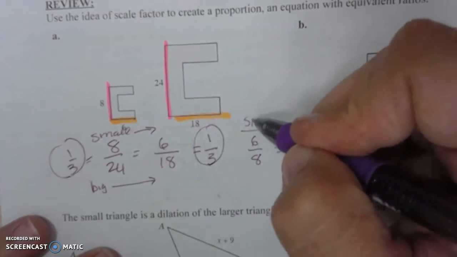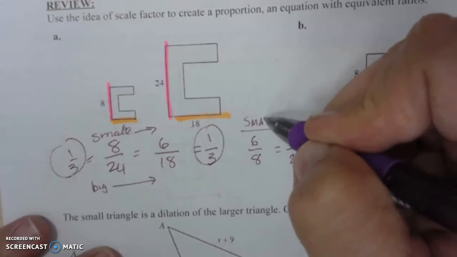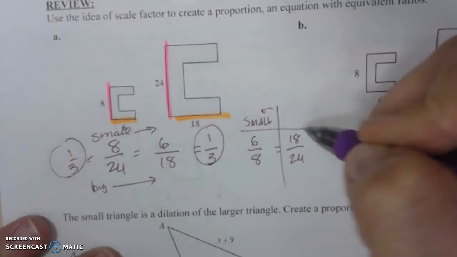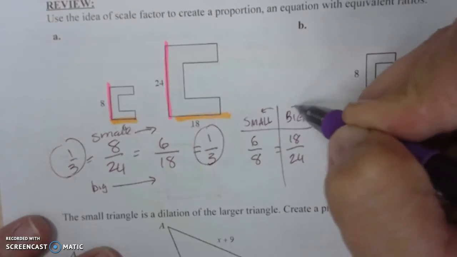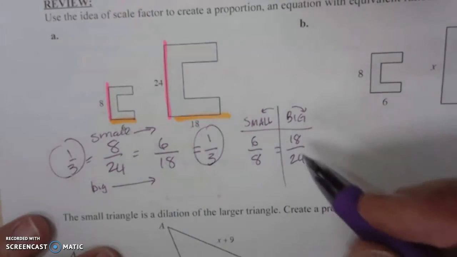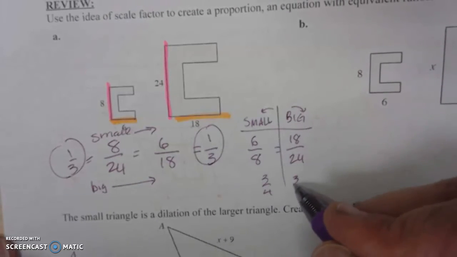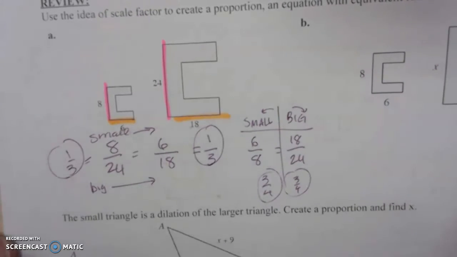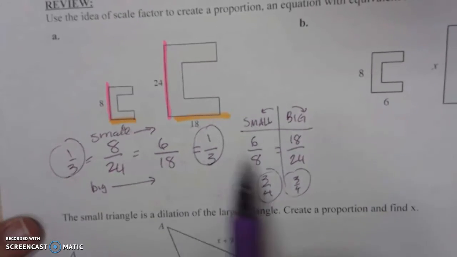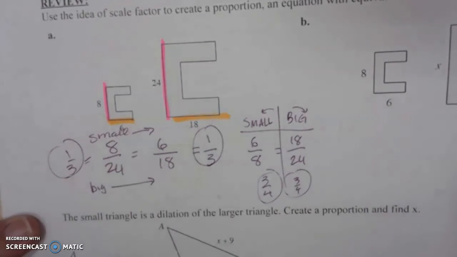Everything about the small figure was listed on this side, and everything on the big picture was listed on this side. I'm being consistent, and if I reduce this, I end up getting 3/4 and 3/4. But do you see it's the same scale factor? It doesn't matter that these aren't the same, it's how I set it up. You want to be consistent.